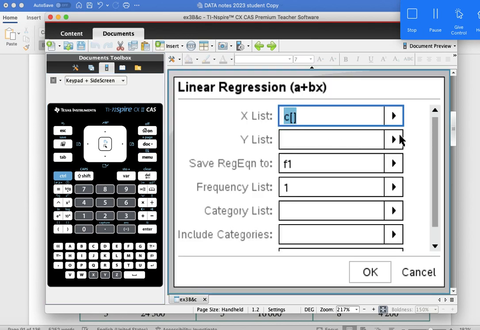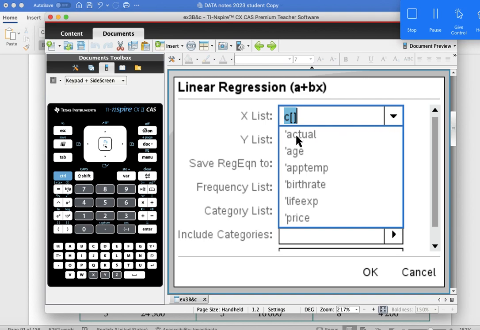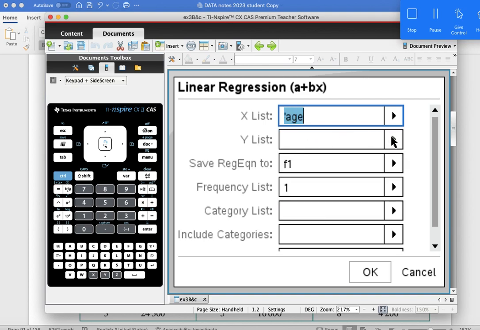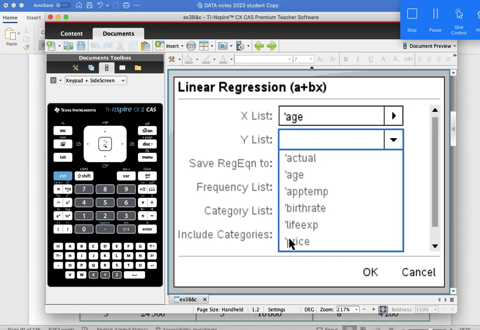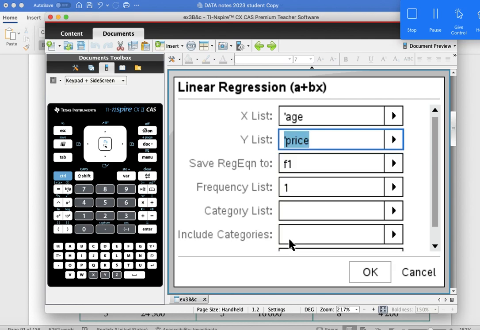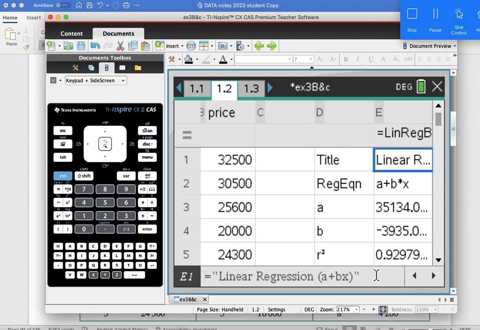The X list we're going to pick is age, and the Y list was price. This is why it's crucial to put your list names in, because I've got a couple of other lists saved in here, and I don't want to forget which one is which. So when you do that, now you get all these values here.